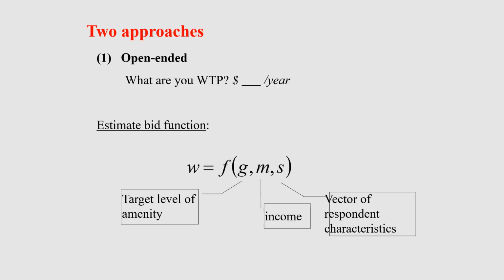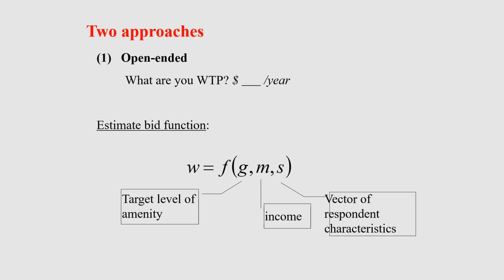Well, in order to determine whether or not such data are really of any use, we have to look a little bit at how this method works. There are two approaches that have generally been used. Now there are other ones as well. One is called the open-ended approach.